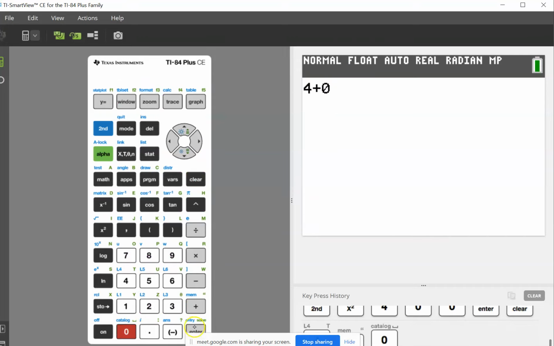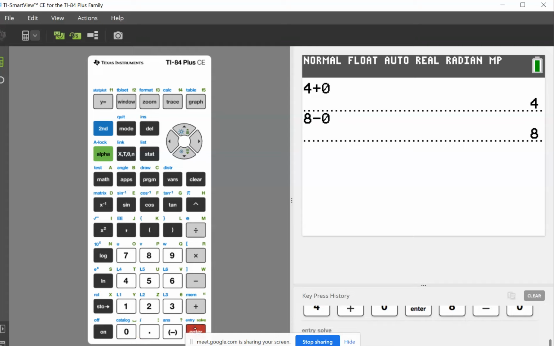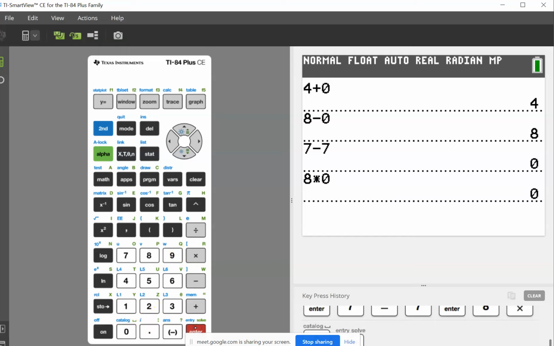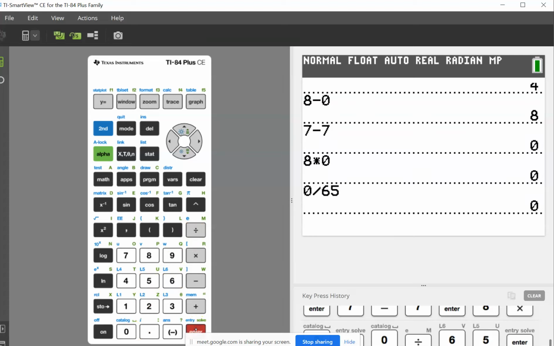Any number plus 0 gives me that number. Any number minus 0, I still have that same number. When I have both positive and negative of the same number, they subtract out to be 0. Any number times 0 is 0, and 0 divided by any number that I might choose is going to give me a 0.